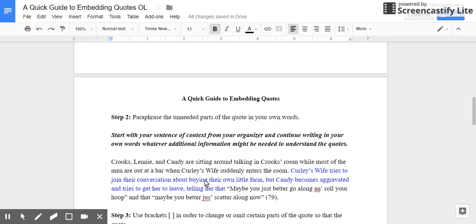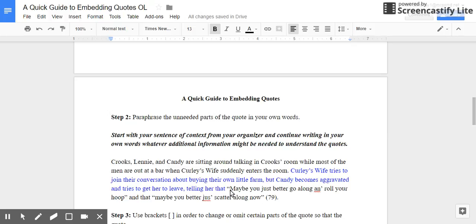Okay, so since I'm only quoting those two parts of the whole quote, then I'm going to need to use some of my own words in order to connect the sentence of context that I already wrote and the quote itself. So I already wrote this one sentence of context. Crooks, Lenny, and Candy are sitting around talking in Crooks's room while most of the men are out at a bar when Curly's wife suddenly enters the room. So I had already written that.